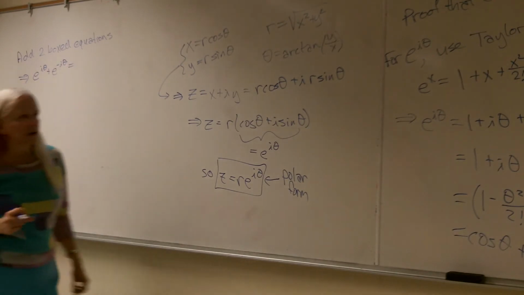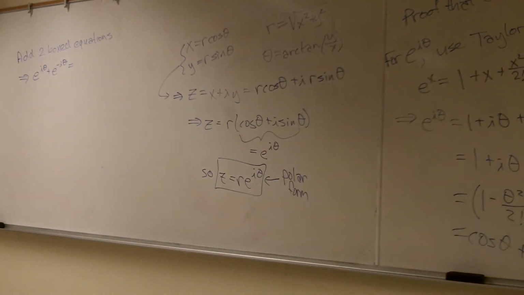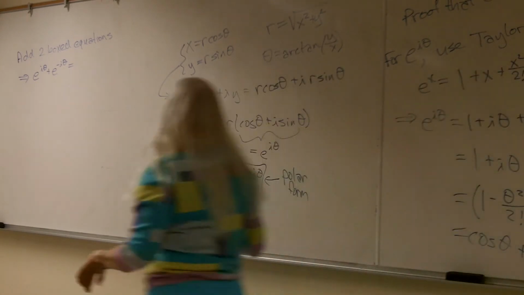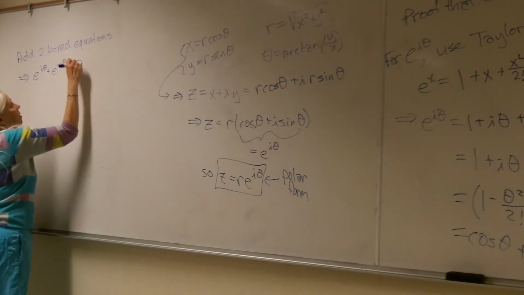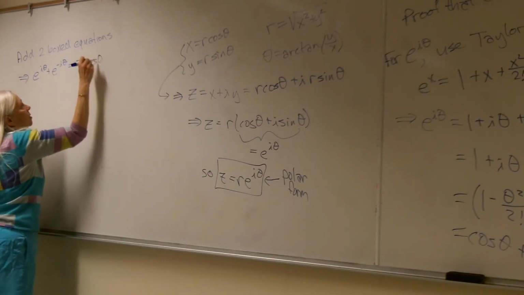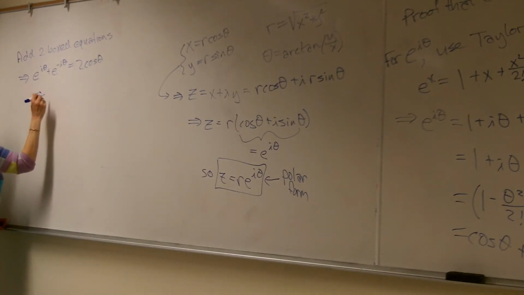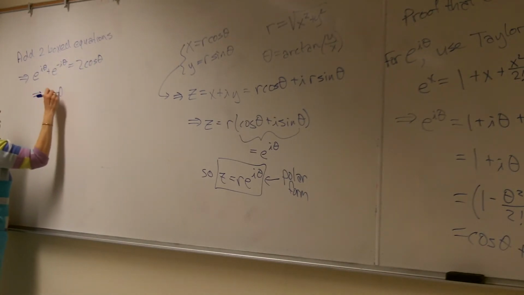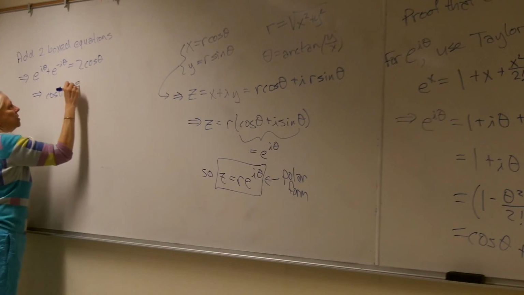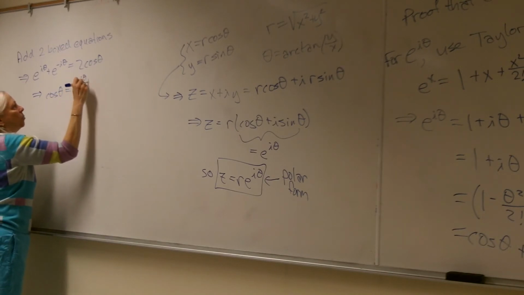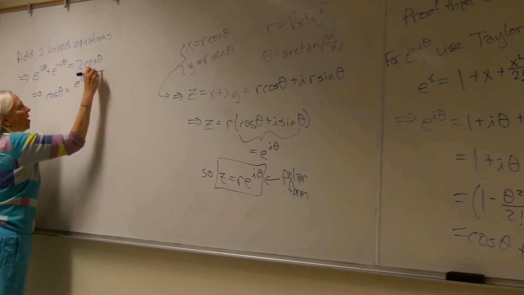And on the right-hand sides, when I add the right-hand side here to the right-hand side there, the i theta there and the minus i theta there cancel, and we get 2 cosine theta. Or dividing both sides by 2, it means we can write cosine theta as e to the i theta plus e to the minus i theta over 2.